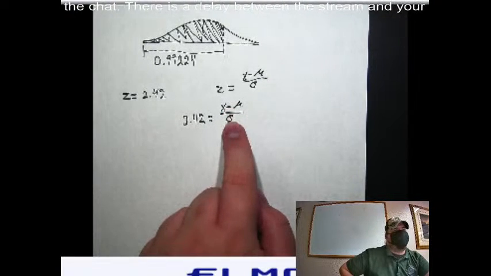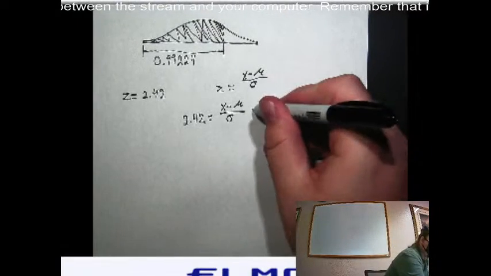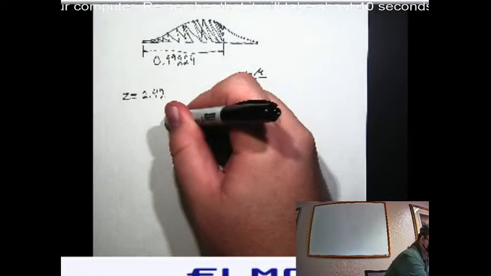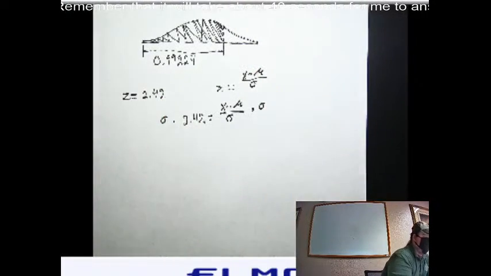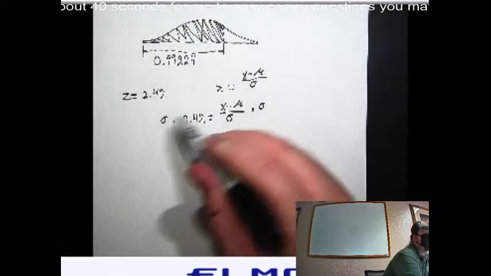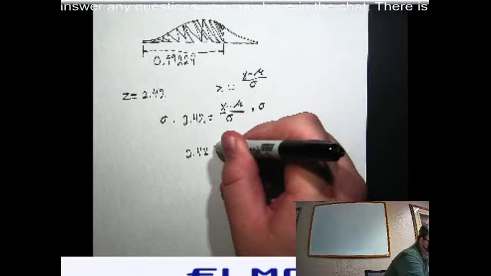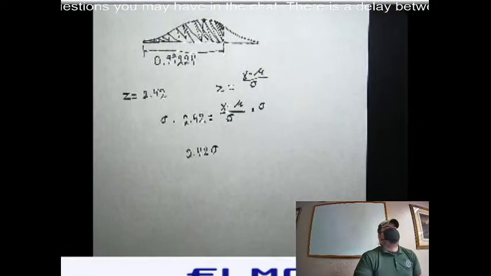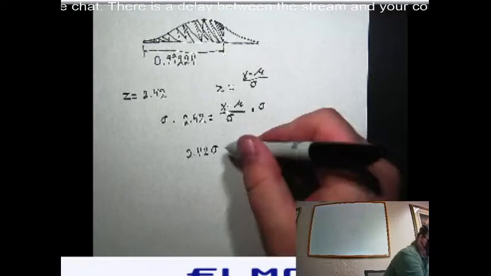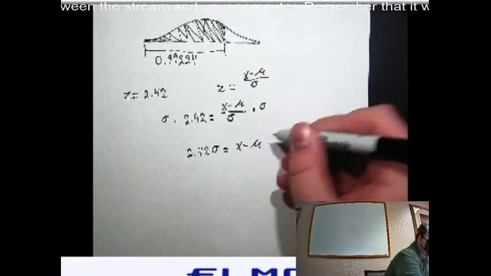Right now we're dividing everything by sigma, so what's the opposite? Yeah, multiply. So multiply everything on both sides by sigma. And so now what we get, if we multiply this number by sigma, we basically just have 2.42 sigma. Okay, and then that's equal to whatever's left over, so x minus mu.